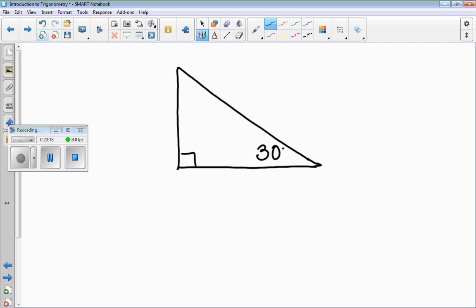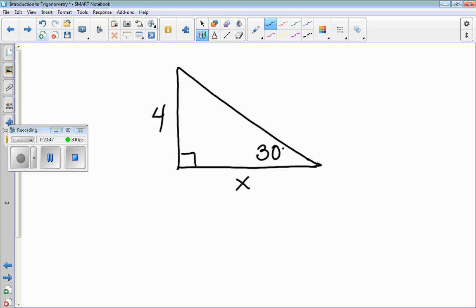And I happen to know that this side is 4, and I want to find this side. Could I use special rights if I wanted to? Yes, I absolutely could. Okay? Knowing special rights, what is it? 4 square root of 3. So I know the answer is 4 radical 3.